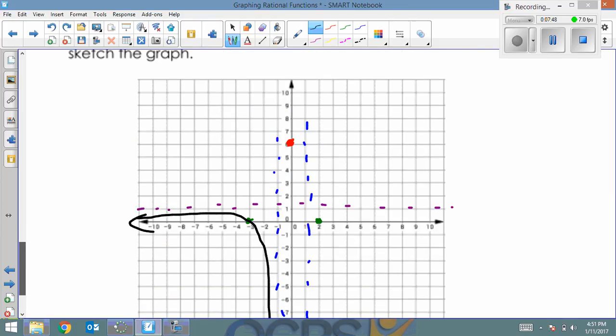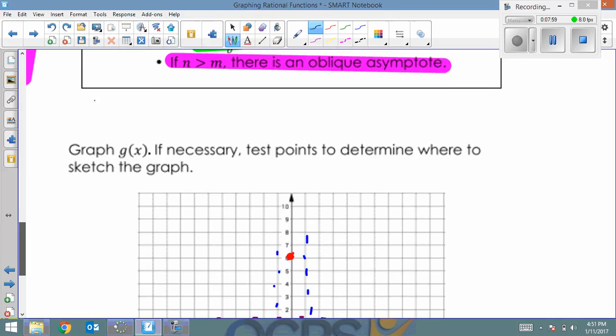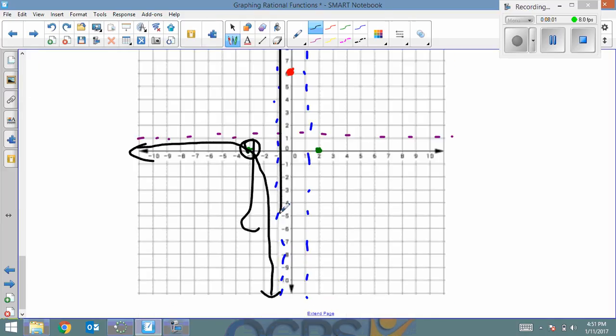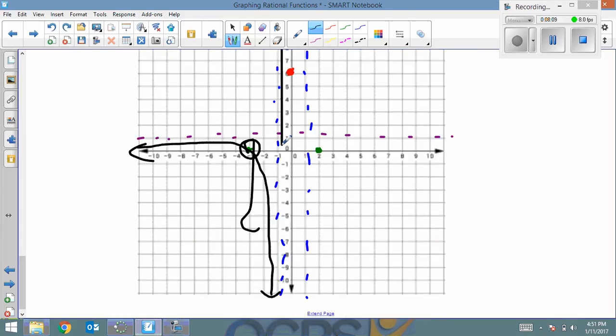I knew to start down there because my point right there is below. Now this point up here is above, so we're going to hug our line, and you always go away from asymptotes. So I'm going to hug the line. Because I know I'm going away from this horizontal asymptote down here, I want to go back up and curl it back up.